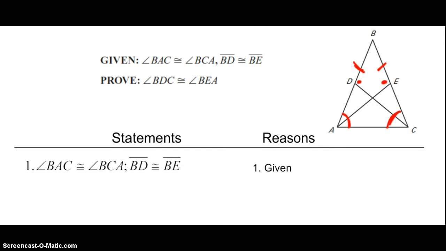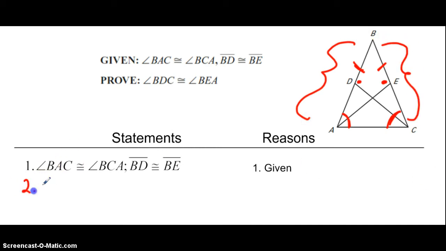Now this one's actually a little harder because the triangles that we're going to be looking at are overlapping. So let's just focus on the givens. If I know that angle BAC is congruent to angle BCA, there's my bottom angles marked. By the converse of the base angles theorem, I would then know that the sides opposite those angles are congruent.